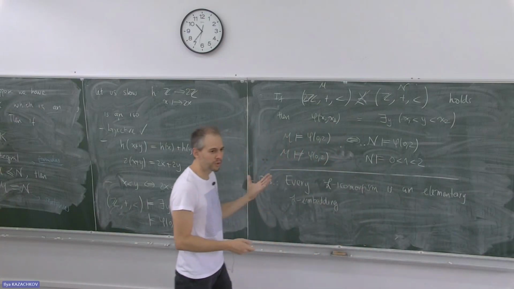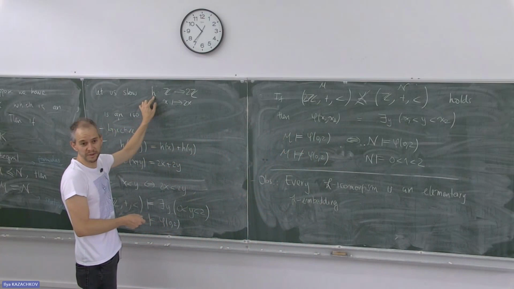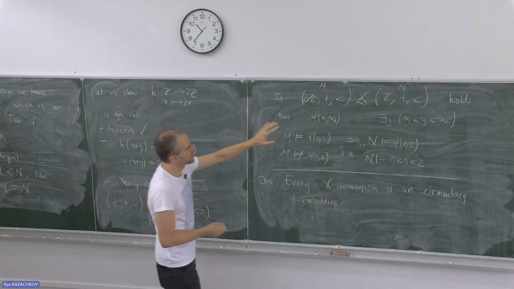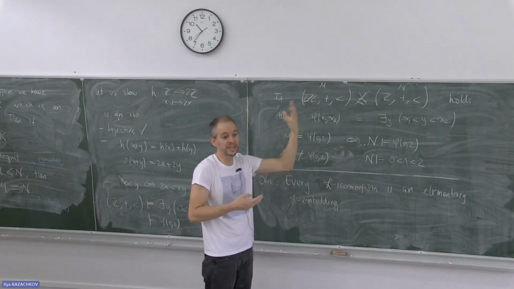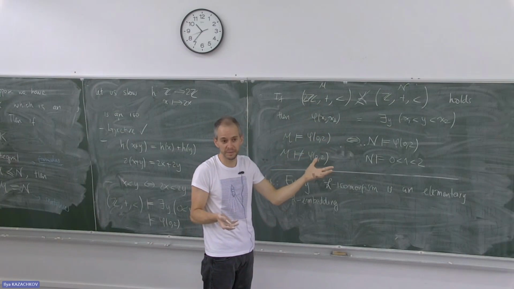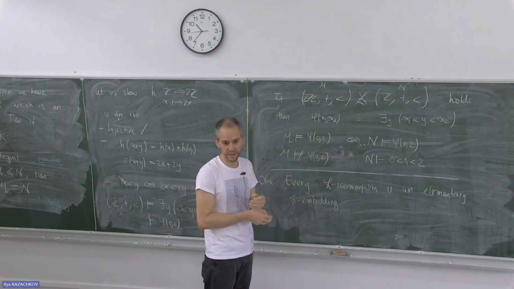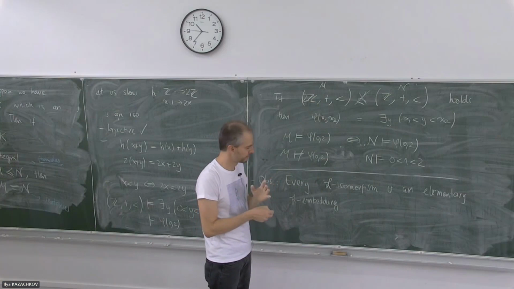So we do have that this is an elementary embedding between these two structures. What we're saying here is that just the fact that there is an elementary embedding doesn't imply that the inclusion has to be an elementary embedding. Okay. Good.